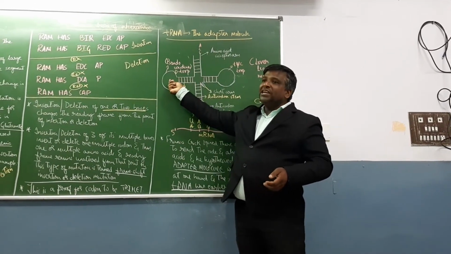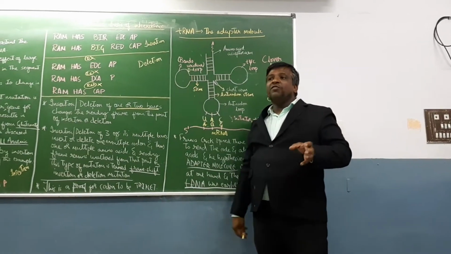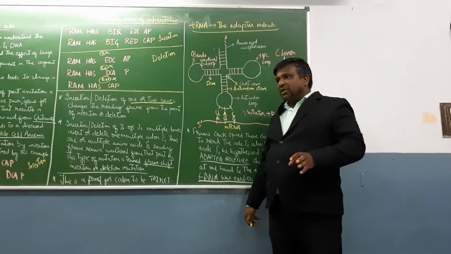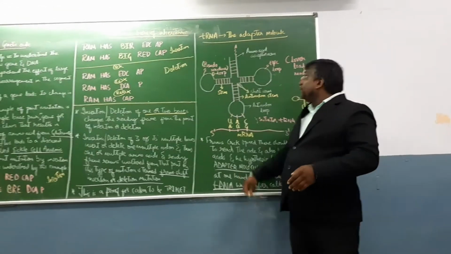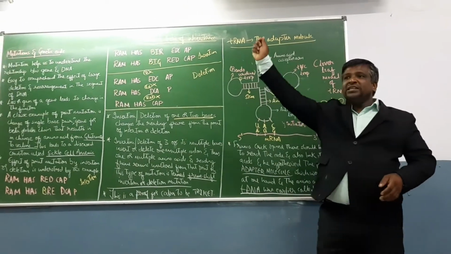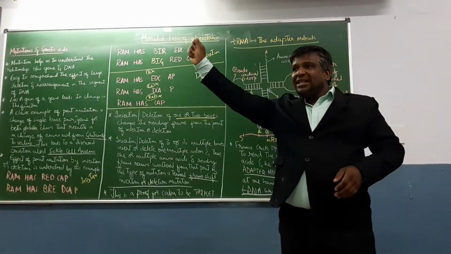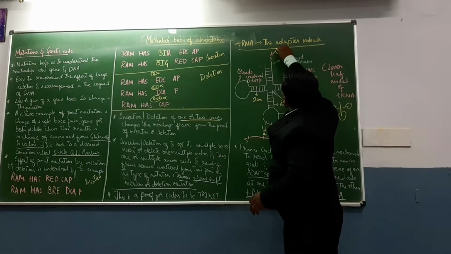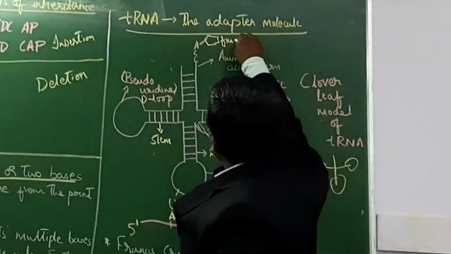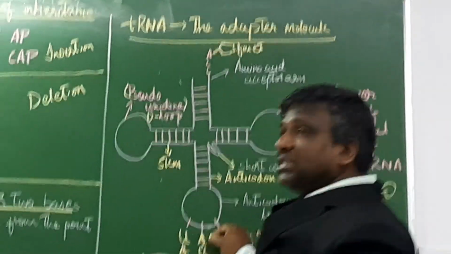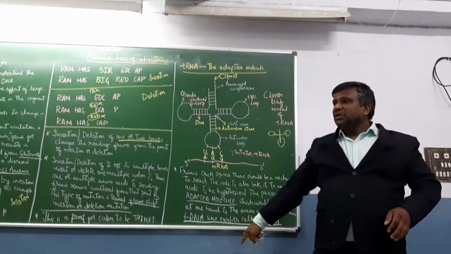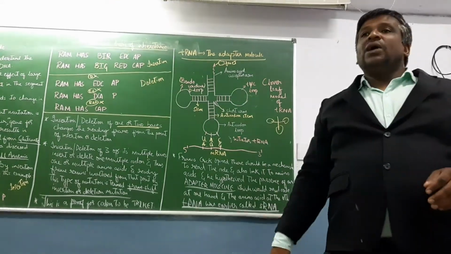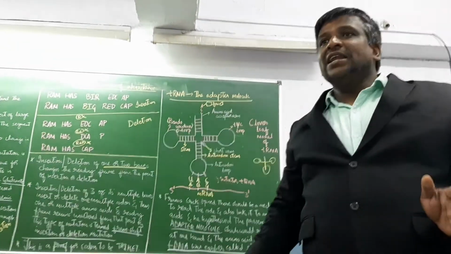This side we call the D loop, which is made up of dihydrouridine. And the pseudouridine loop. Amino acid acceptor arm, that indicates the amino acid acceptor arm. Here it would be formyl methionine. Why is it F-met? Because here the codon is going to bind to AUG. So understand about this tRNA molecule.